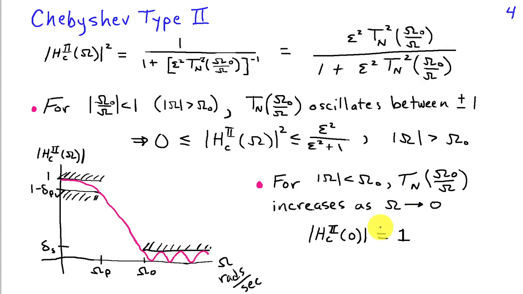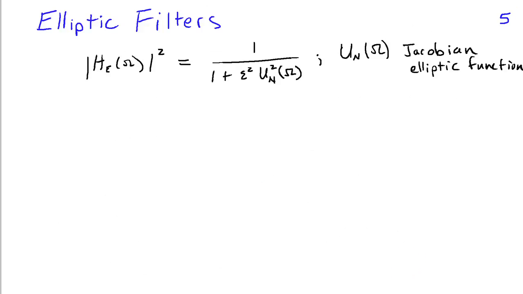But we see that it's monotone decreasing from DC on to the edge of the stop band. And furthermore, at DC we have a gain of 1. So using these properties, we can, again, determine where the poles are for this particular filter and hence construct a system function. The algebra is kind of messy to do that, so we're not going to go through that.